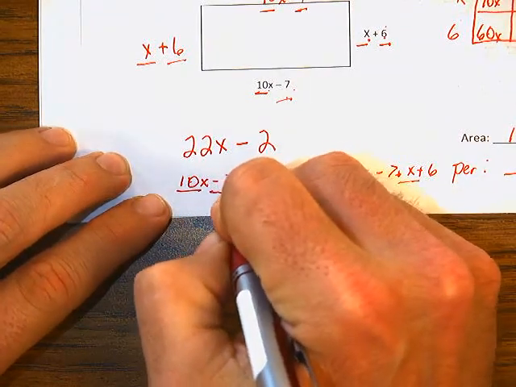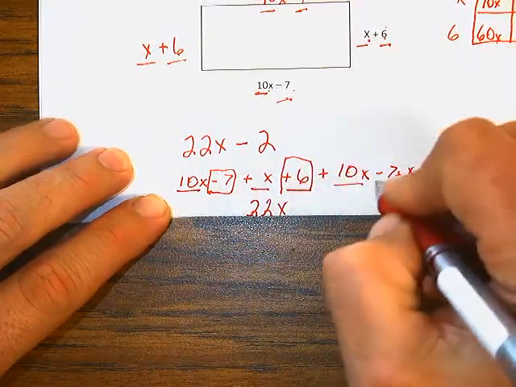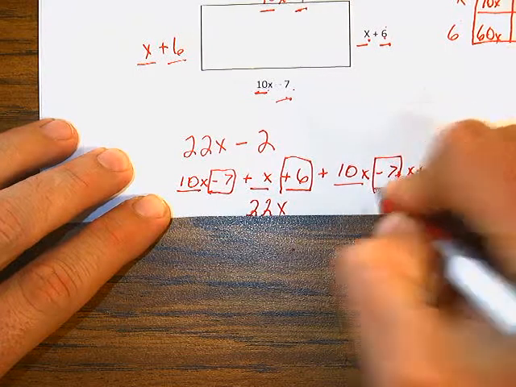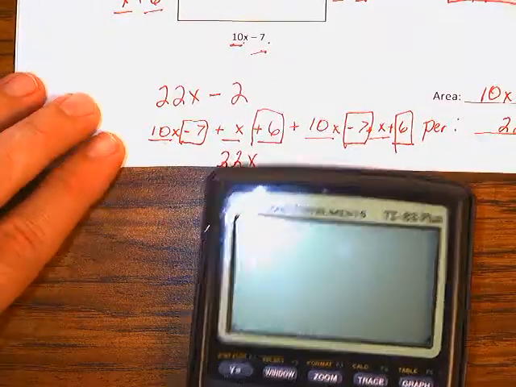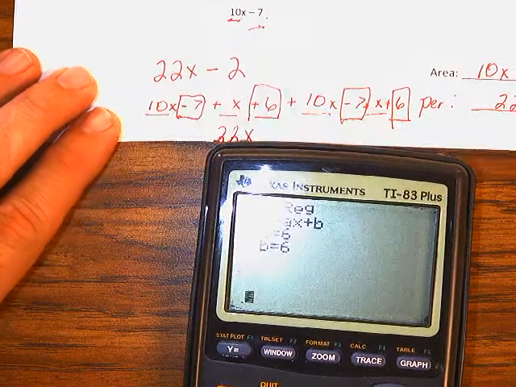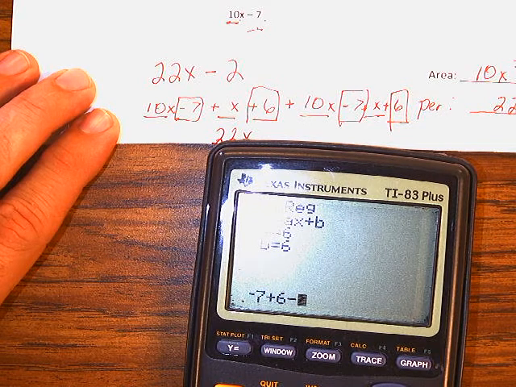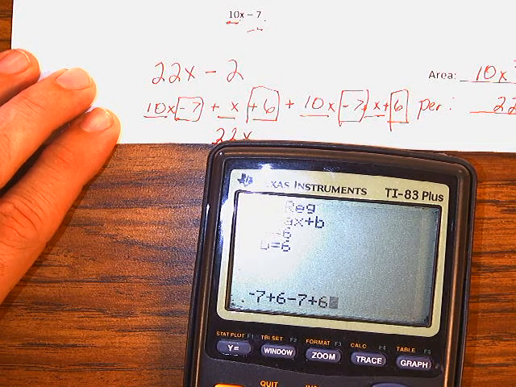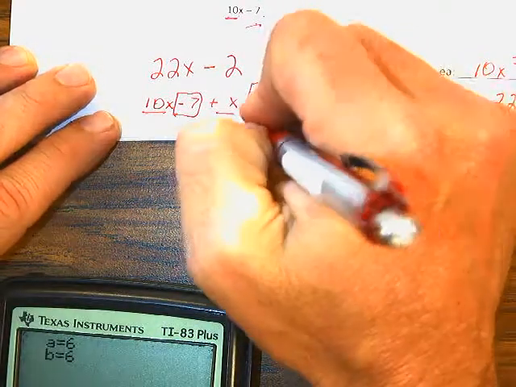Then negative 7 plus 6 minus 7 plus 6. Calculator. Negative 7 plus 6 minus 7 plus 6. Negative 2. That's how I got my 22x minus 2.